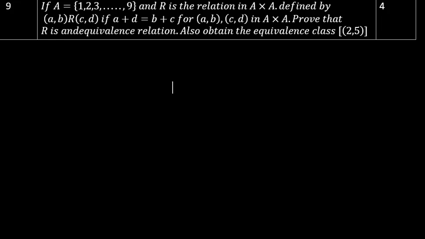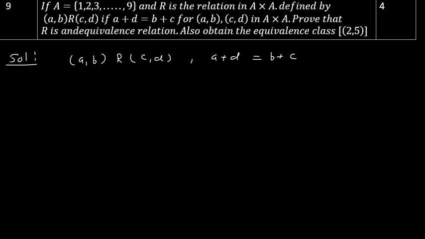So in the solution, I will first write the relation R, which is (a, b) related with (c, d). So better we will write as given in the problem. It is given that (a, b) is related with (c, d), and the condition is given that a plus d is equal to b plus c.